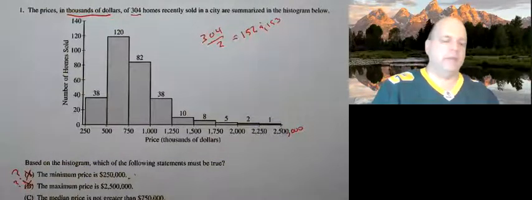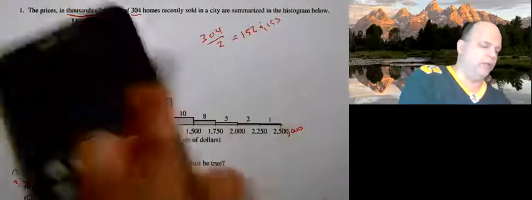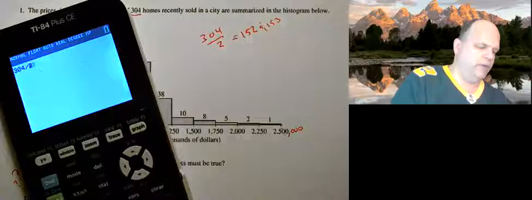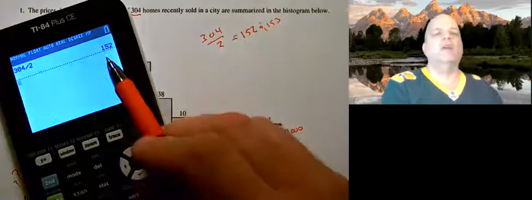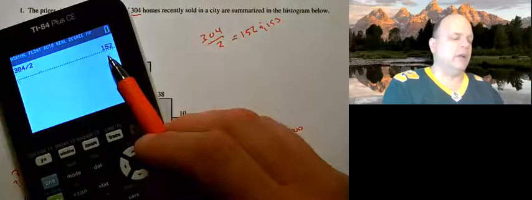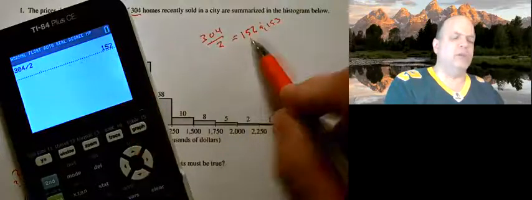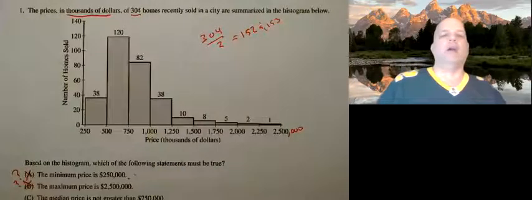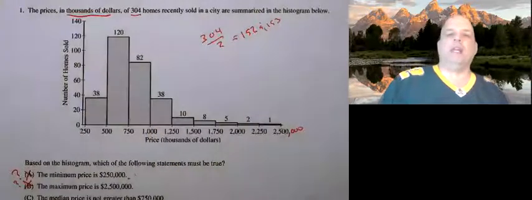That's the middle number, and all I did was take 304 divided by 2, and it's 152. If we get an even number, you're going to have to go up 1. So between 152 and 153 is where the median is.